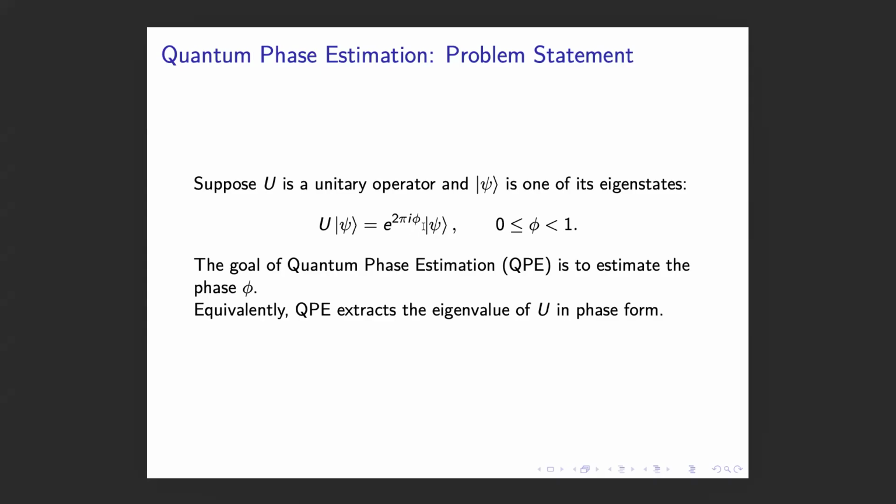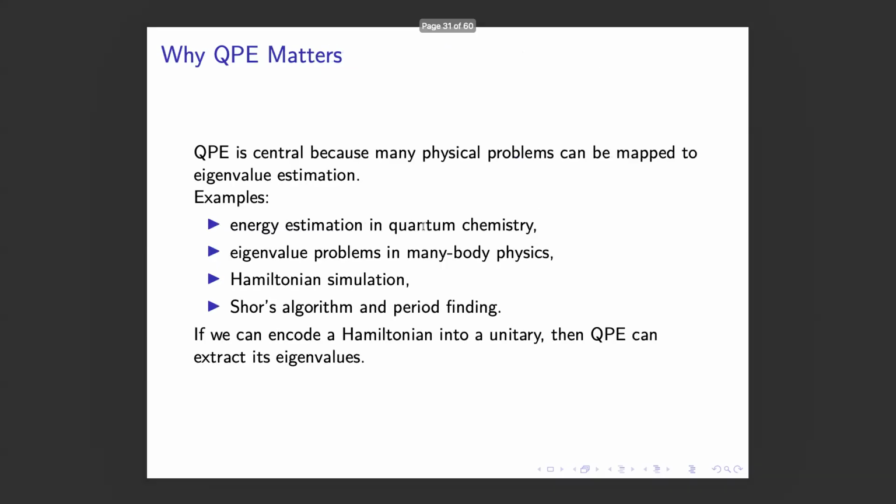If you are interested in eigenvalues, the QPE, this is the quantum phase estimation algorithm. It's a way to estimate that phase. Equivalently, the QPE extracts the eigenvalue of U in a phase form. We're going to see quickly how this comes into play.